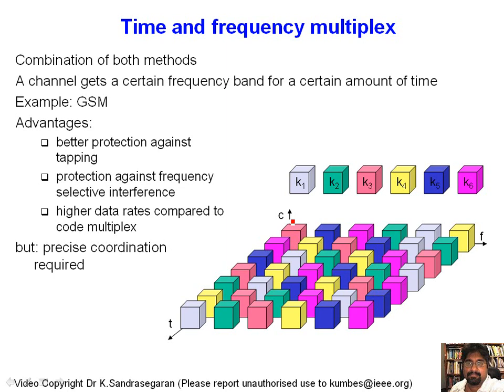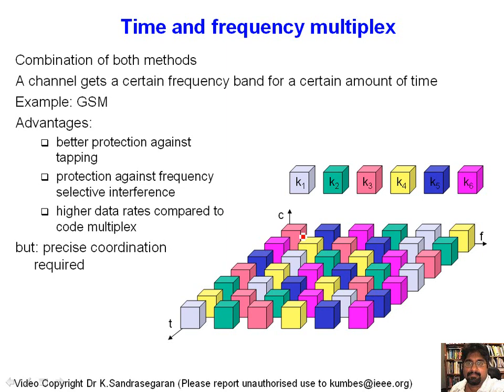So in this particular case, user 1, which is user K3, is transmitting at this carrier frequency in time slot 1, and maybe on this carrier in another time slot, and on this carrier in another time slot, and so forth. So the user is not just transmitting on one carrier frequency; at different instances of time, it is transmitting on different carrier frequencies.